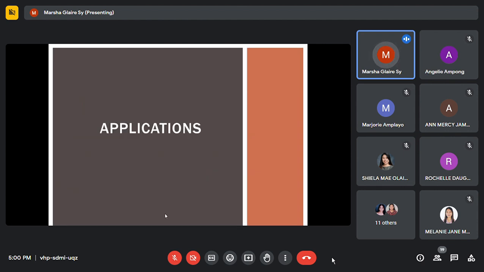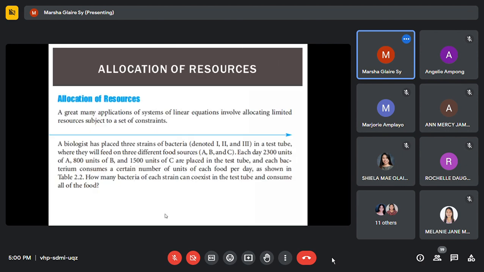And we have here the applications. First is the allocation of resources. So we have here an example.